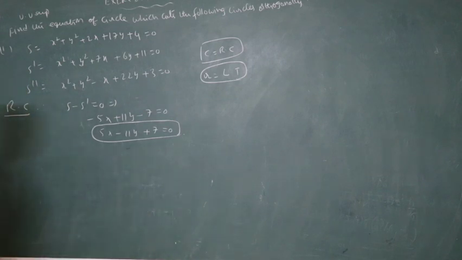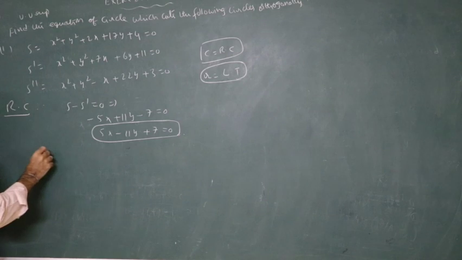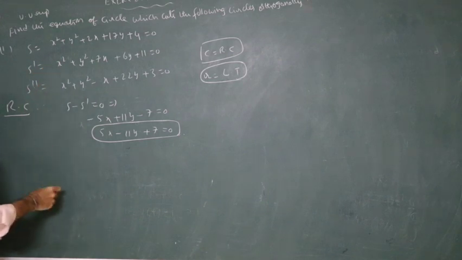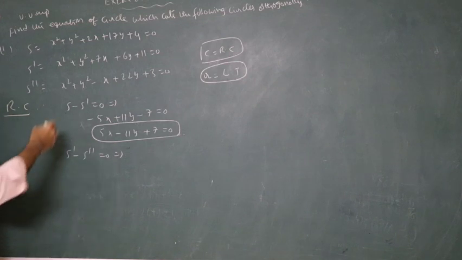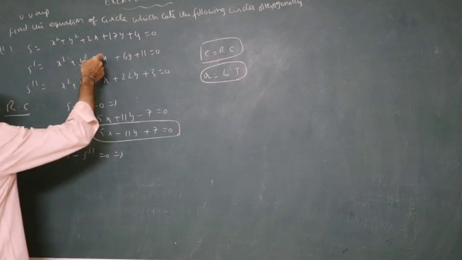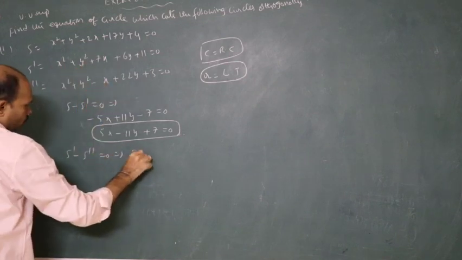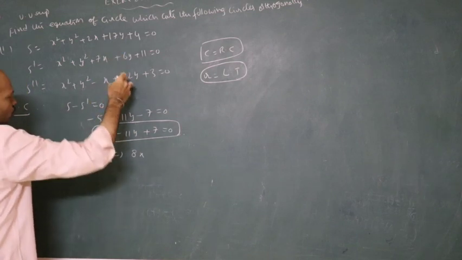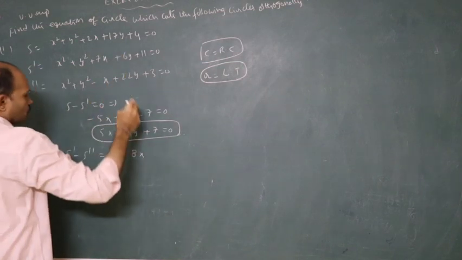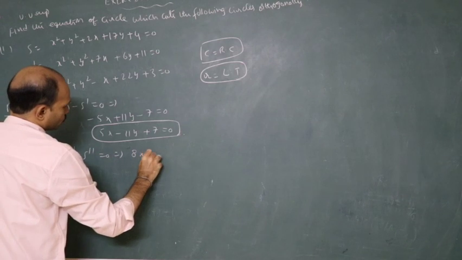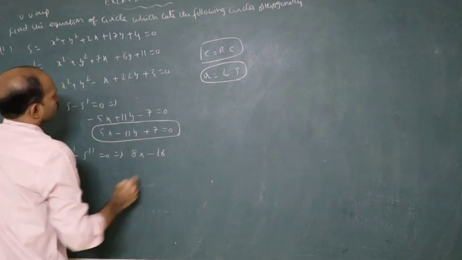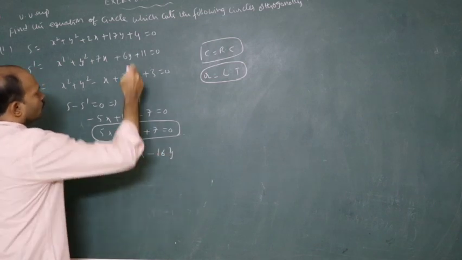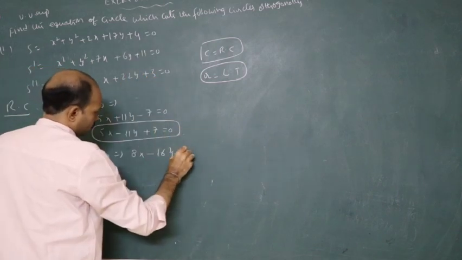Another radical axis: S dash minus S double dash. That is 0, 0, 7 plus 1, 6 minus 22, 2 and 4 cancel, 16y, 11 minus 3.